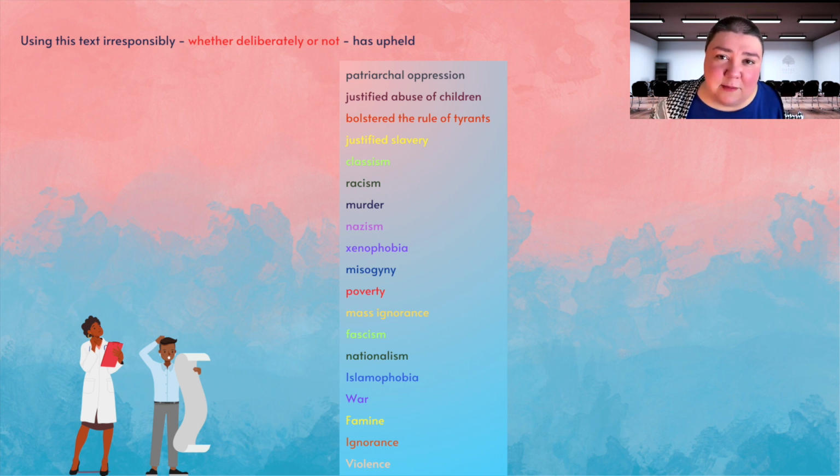Even today, as we go through this class, I watch as people I know, people who have grown up in the church, who have read the Bible all their lives, are justifying and rationalizing a genocide. The genocide of the Palestinian people, which is happening right now, by using this book.